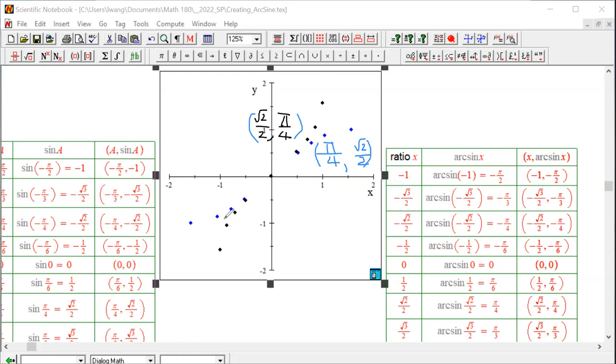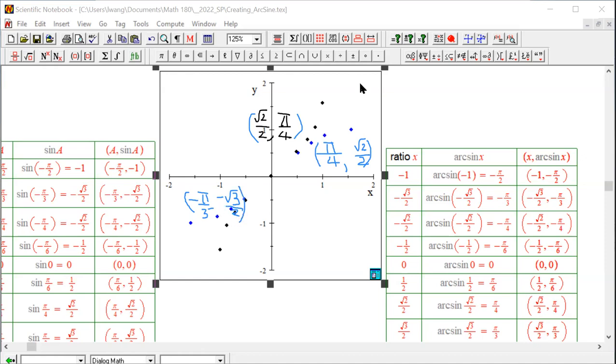And next, we're going to do these 2 points. The blue is the sine. So this piece is going to be negative pi over 3, and the output is negative root 3 over 2. So that's for this blue.